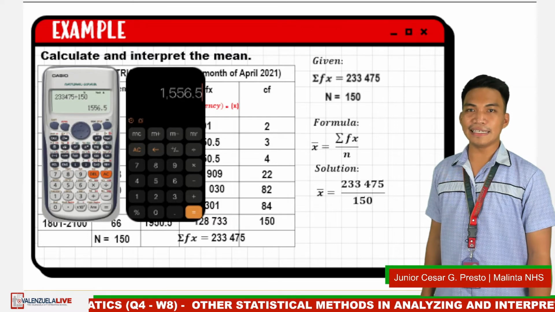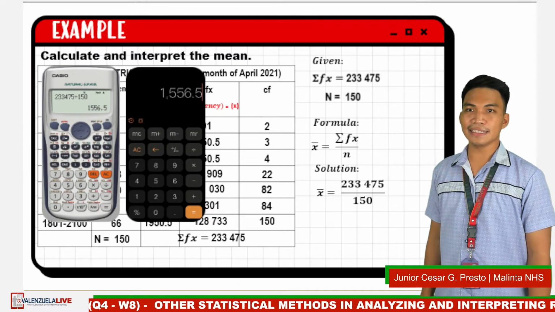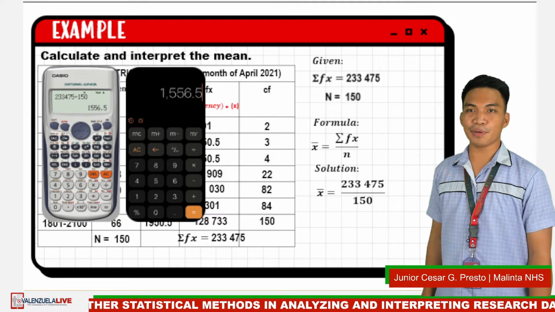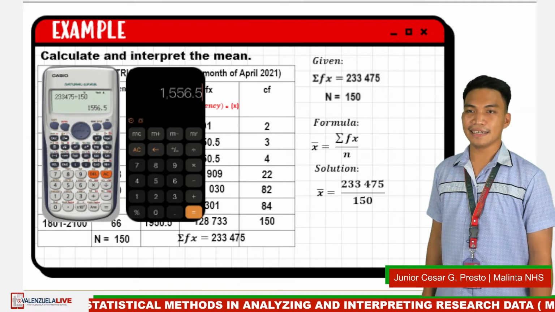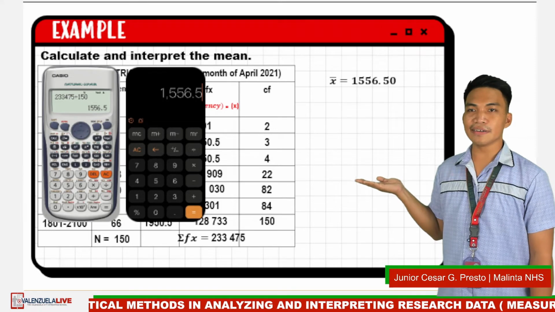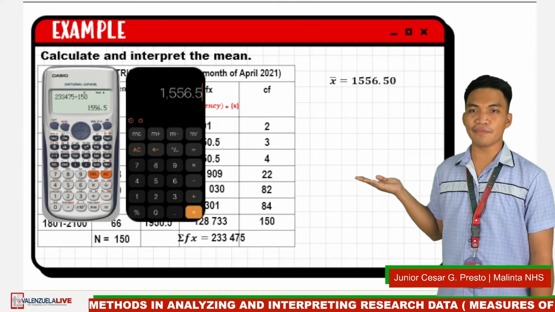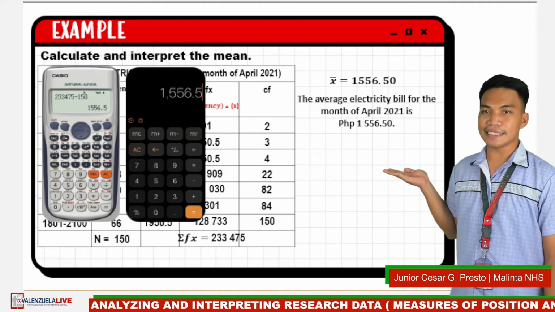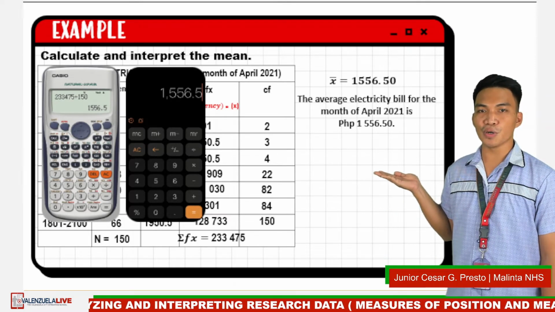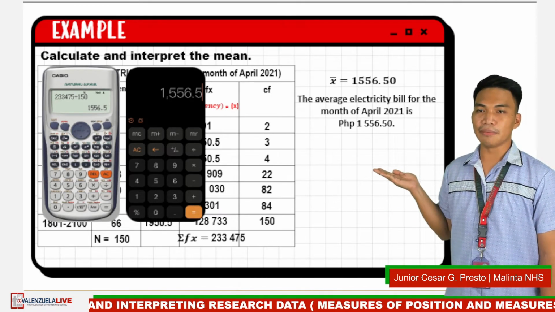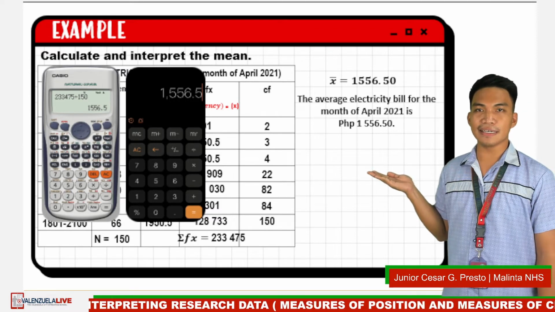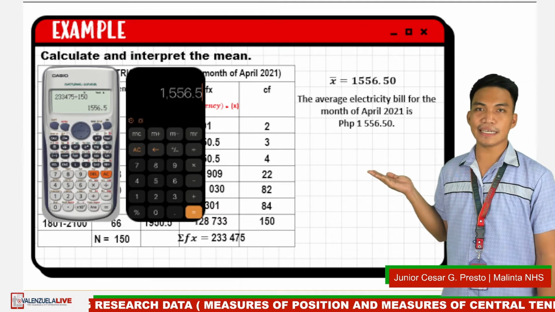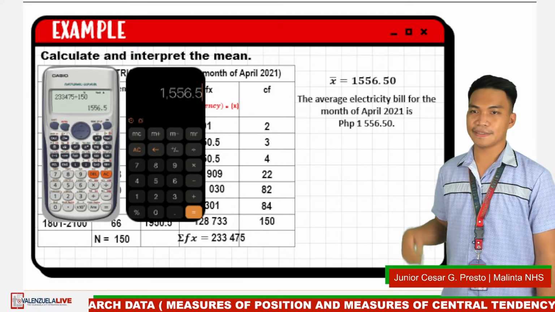Then 150. Press equal sign. The answer is 1,556.50. X bar is 1,556.50. This means the average electricity bill of the selected households in Malinta for the month of April 2021 is 1,556 pesos and 50 centavos.